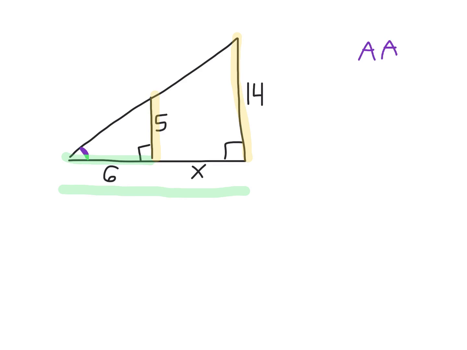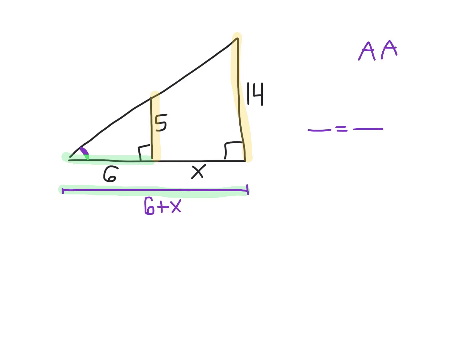So now whenever I'm setting up my proportion, just realize here that the bottom side, this total distance right here, would have to be the sum of 6 plus x. So you're going to reflect that in the proportion that you write here to solve. So I want you to pause the video right now, try to solve this on your own, and then press play and see if you got it correct.